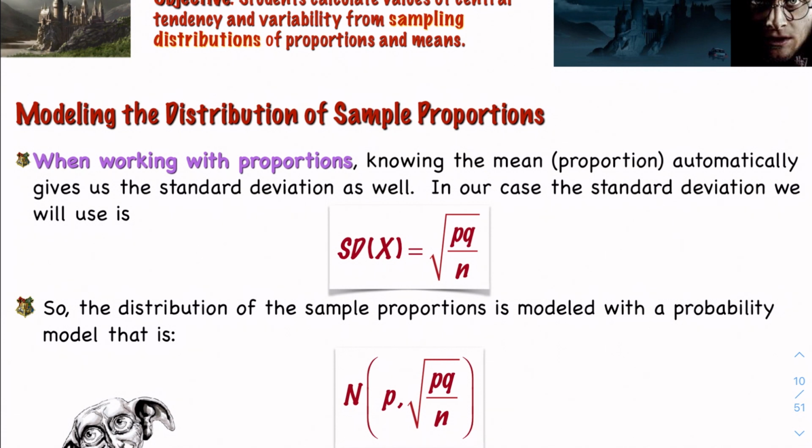So in our case, the standard deviation is the square root of PQ over N. That should look familiar. So the distribution of the sample proportions is modeled with the probability model that is our normal centered at our true population proportion, P, with our standard deviation of the square root of PQ over N. Remember, Q is 1 minus P.